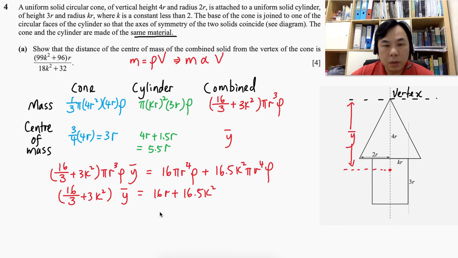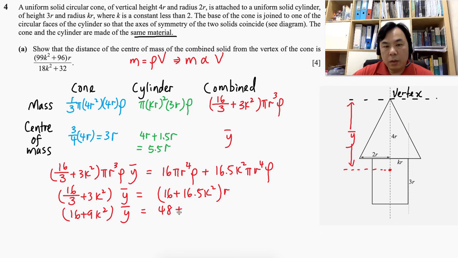Okay, so maybe I would just factorize this, then it'll be easier. So I just write down 16 plus, and then there's the r then. Okay, and there you have it. And then of course we can get rid of this 3. So if we get rid of this 3, you will get a 9k square y square here, 48, 49.5k square.